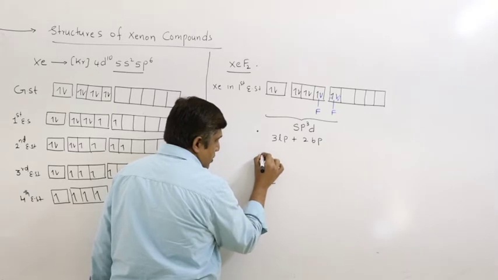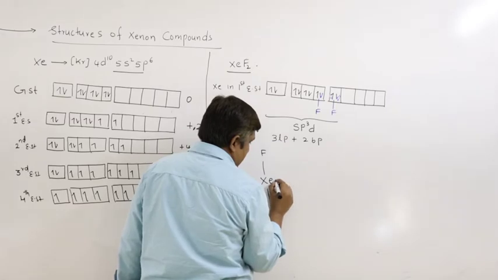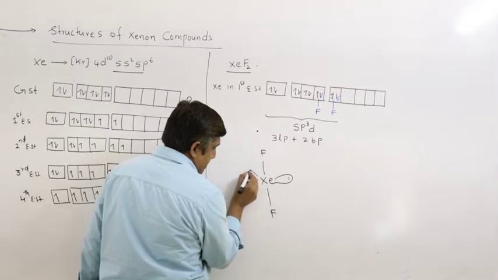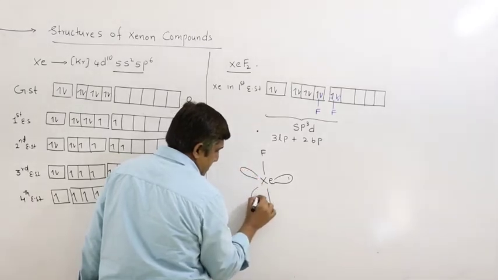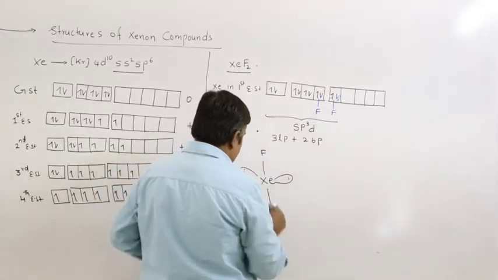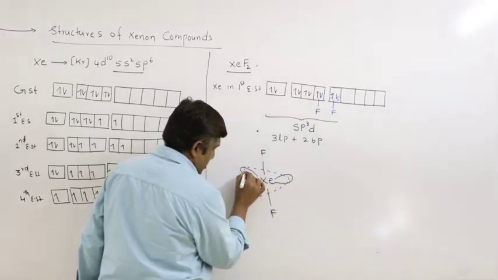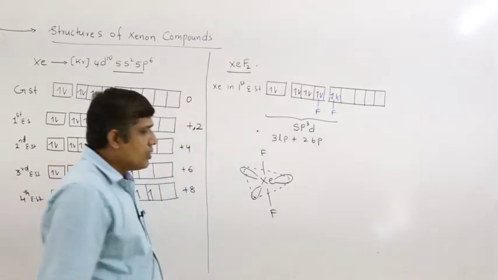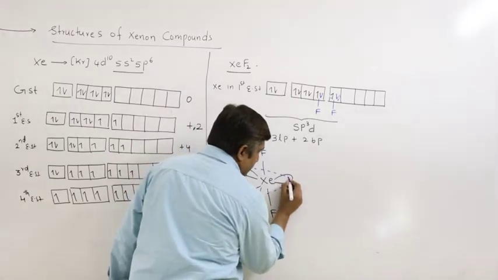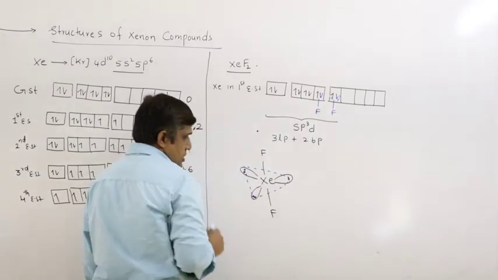Xenon, F, F. The 3 lone pairs occupy right here.